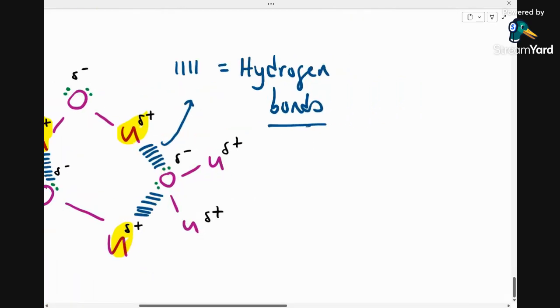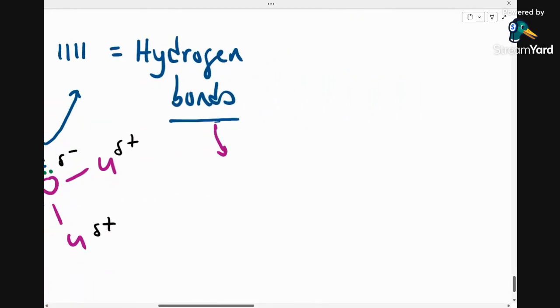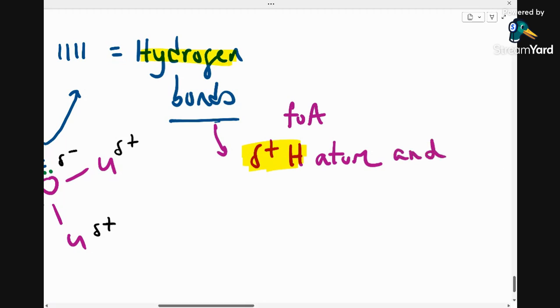The definition of a hydrogen bond is the electrostatic force of attraction between a delta positive hydrogen atom. That's really important. It's called a hydrogen bond because you have a delta positive hydrogen atom and a neighboring electronegative atom.